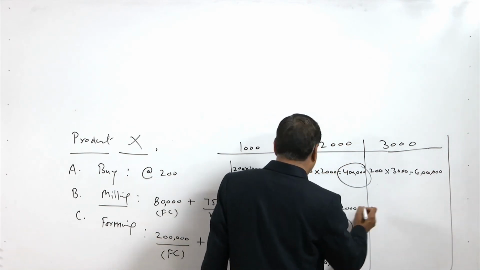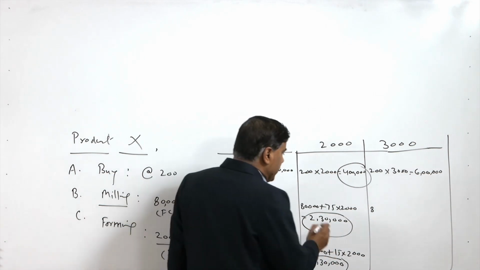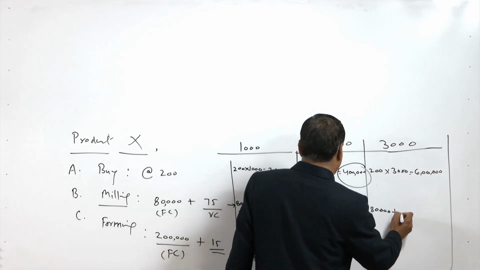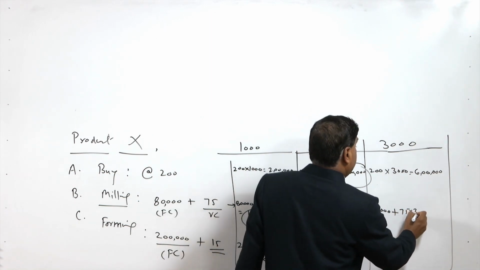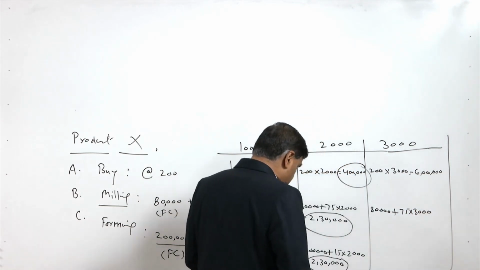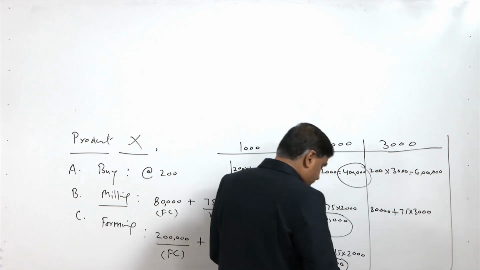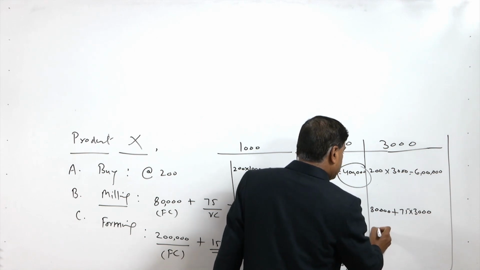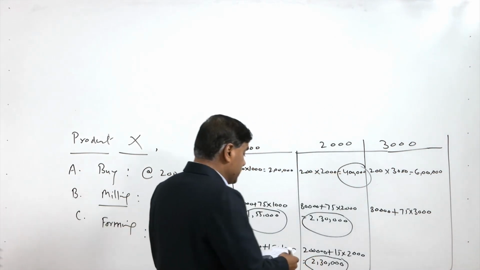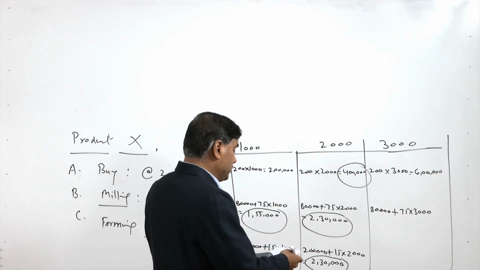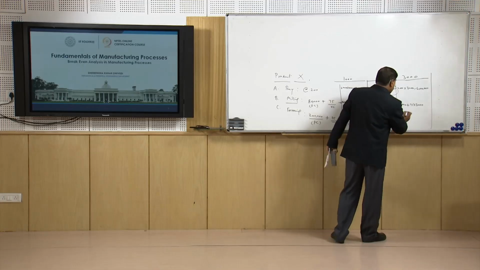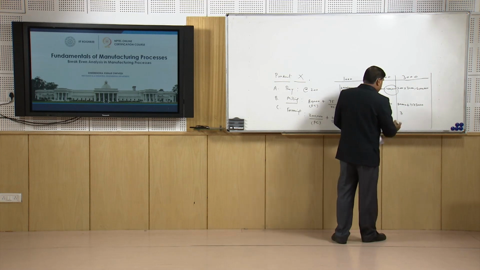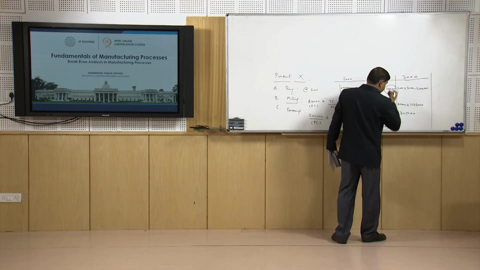For the milling option, option 2, it is 80,000 plus 75 multiplied by 3000, so the total is 3 lakhs 5,000.